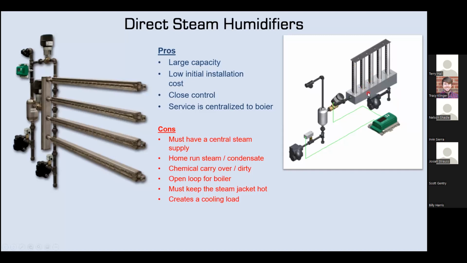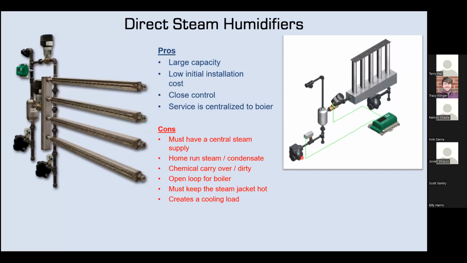You're going to have less heat gain in the duct, so if you're putting this in an air handler, that might be beneficial. The other benefit is you only have one control valve in the space, so it takes up a little bit less space. Both of these systems can be hooked up with a condensate return that can be done on the steam pressure. So if you want to return condensate under pressure back to the boiler, that is possible.